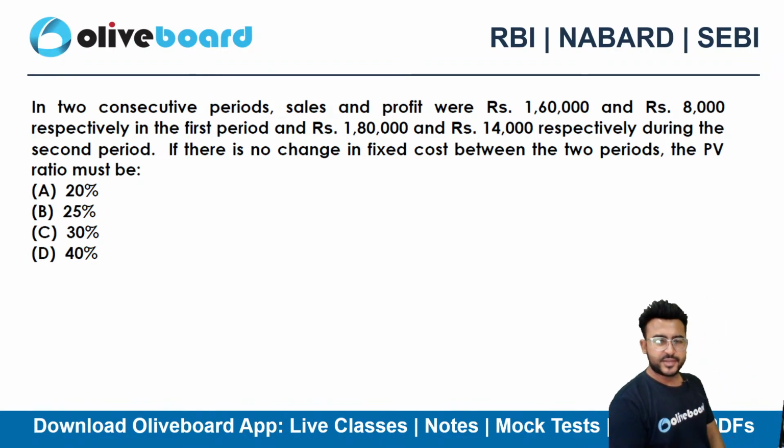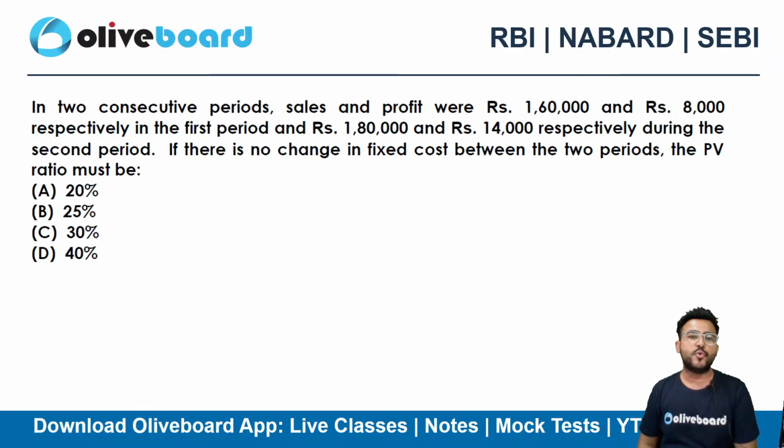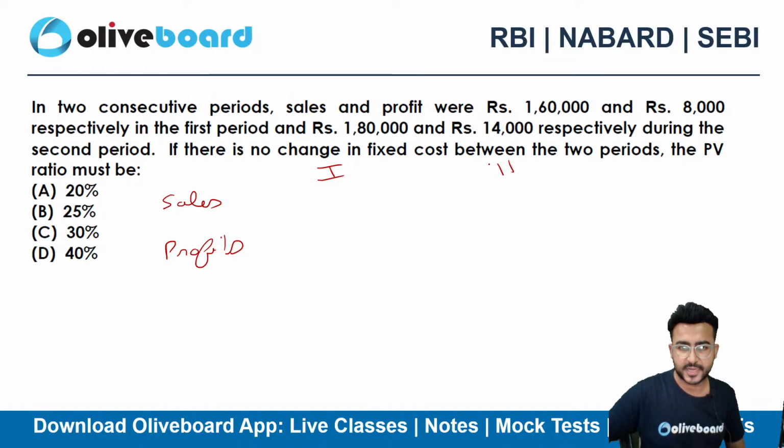Now this is a very interesting question from the marginal costing chapter. In 2 consecutive periods, you are having sales and profits. This is the first period, this is the second period. Your sales is 1,60,000, your profit is 8,000.